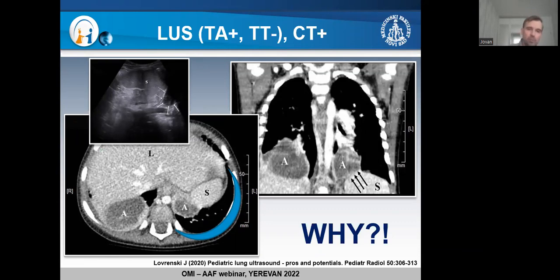But what is very important here, that this abscess is in contact with a spleen. So transplanically, we managed to get this ultrasound beam through the spleen to this abscess and to detect it. So spleen actually served here as a window to the abscess.